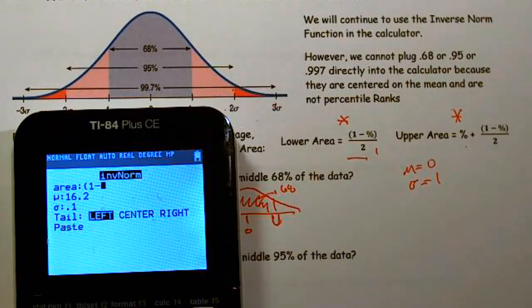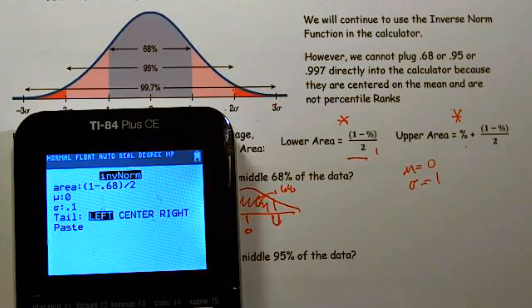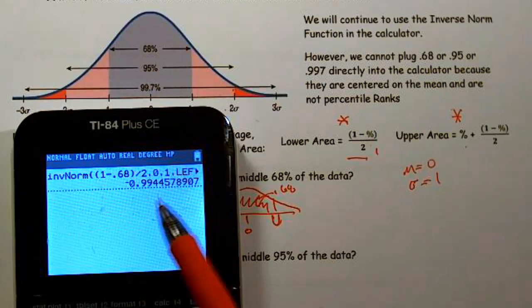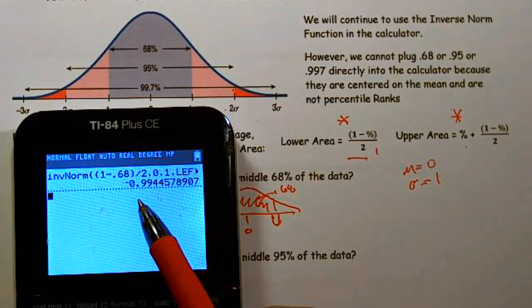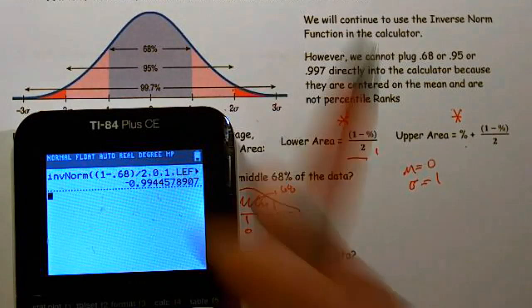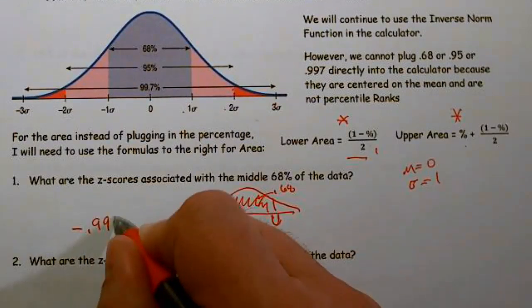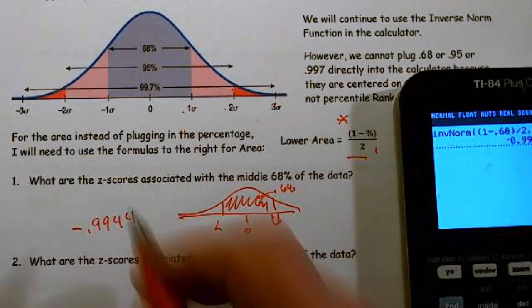Parenthesis, 1 minus 0.68, close parenthesis, divided by 2, mean of 0, standard deviation of 1. All right? So when I do that, I end up getting a lower bound of negative 0.9944. That's my lower.